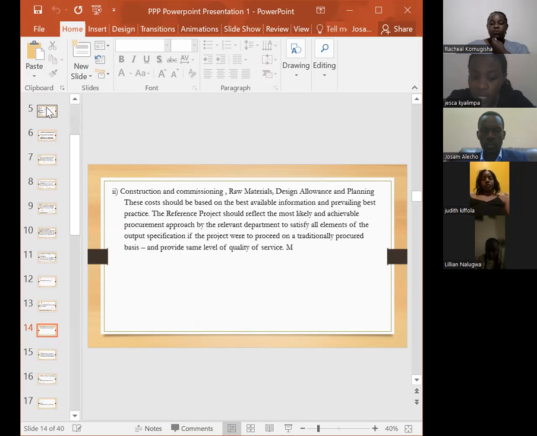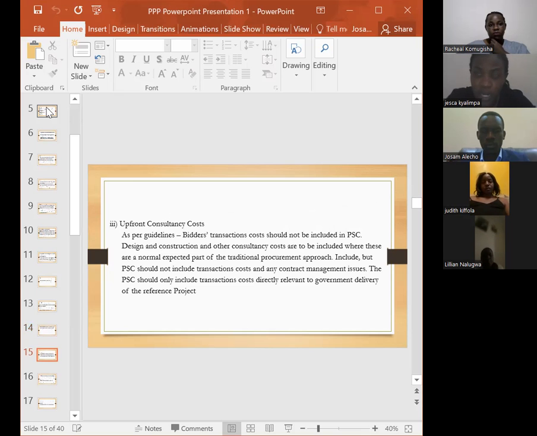The other element that should be factored in when determining the capital and operating costs is construction and commissioning, for example, the design allowance, the planning at the point of commissioning the project. The other element is consultants' costs.